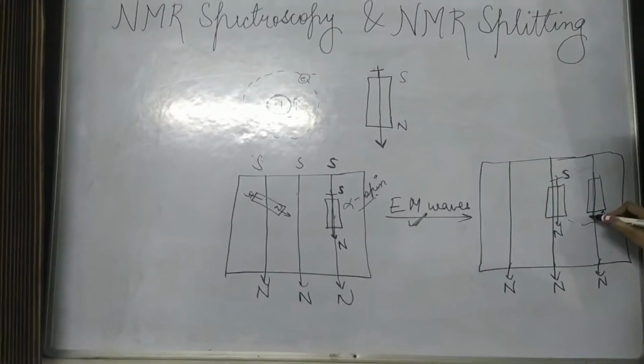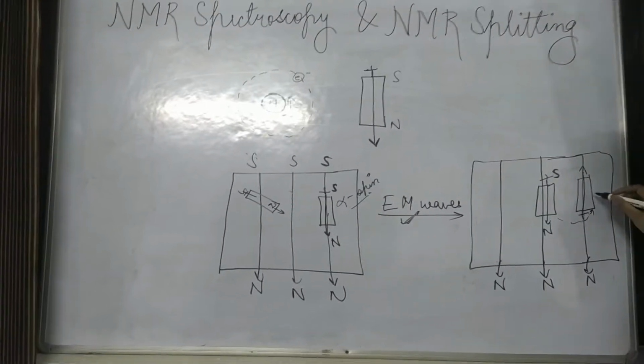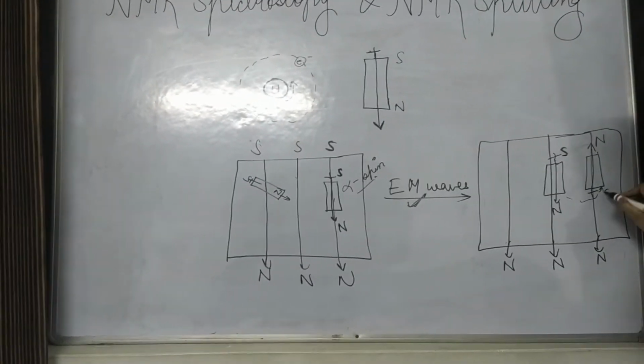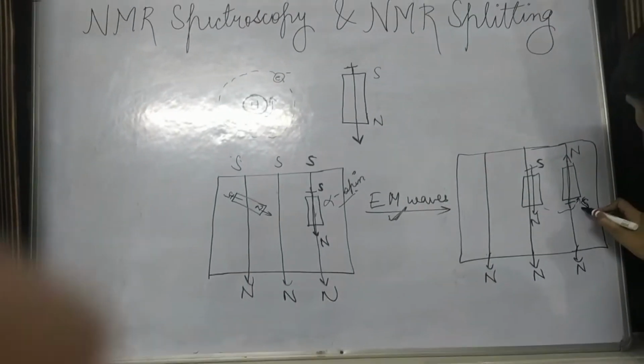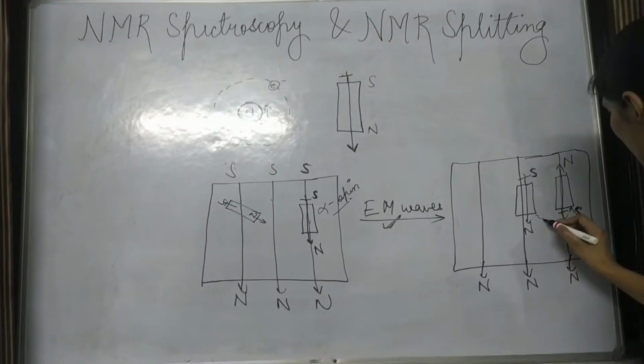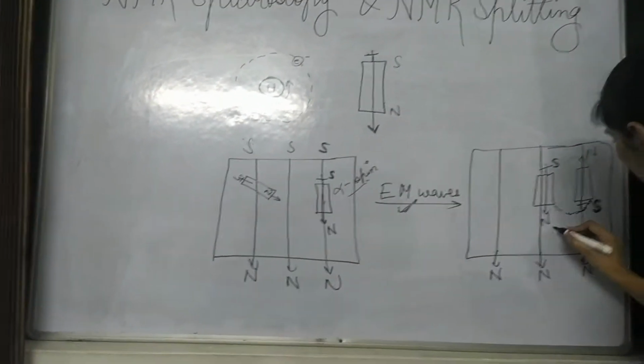The north would be towards this side and south here. So this is known as beta spin.